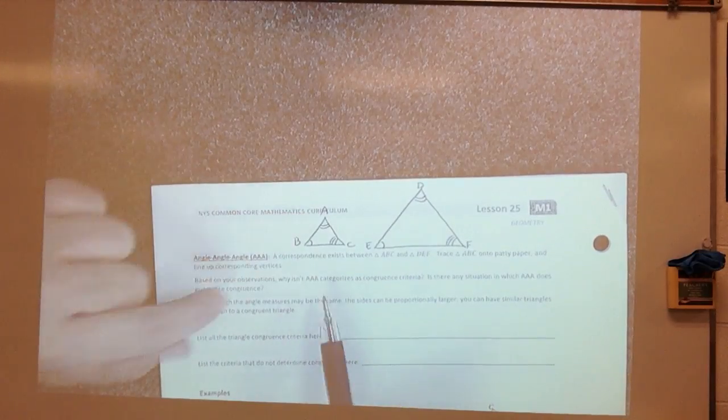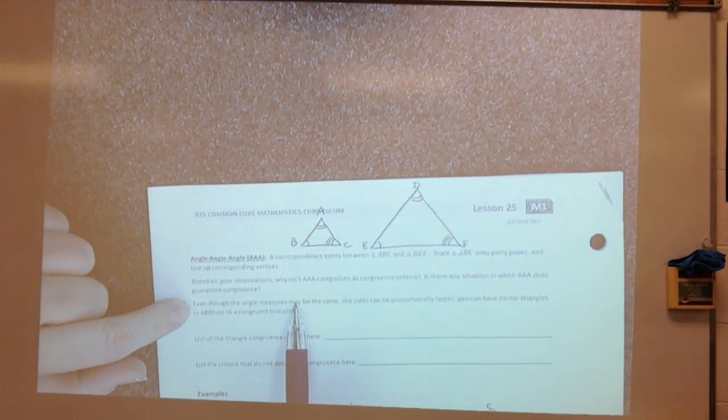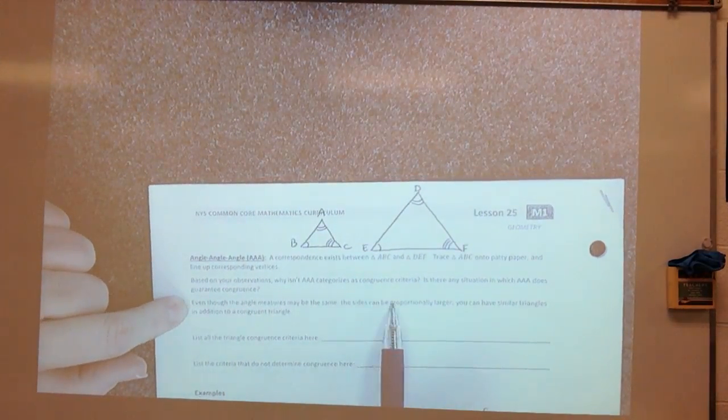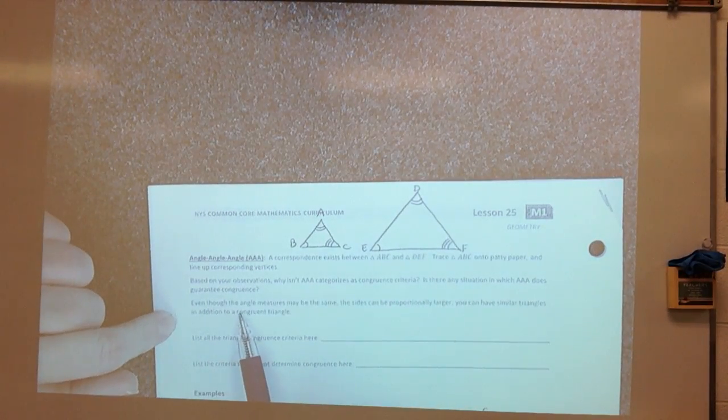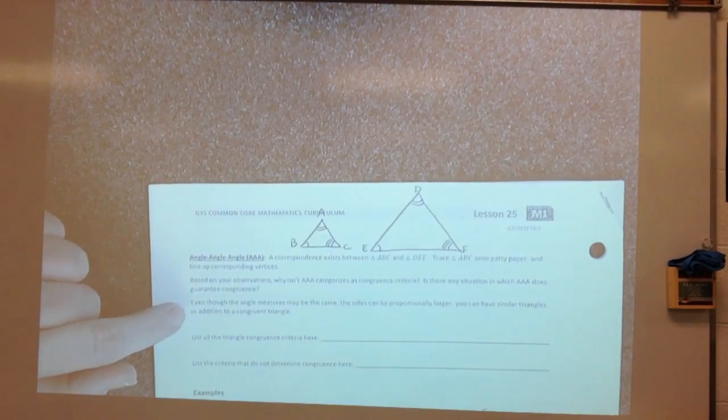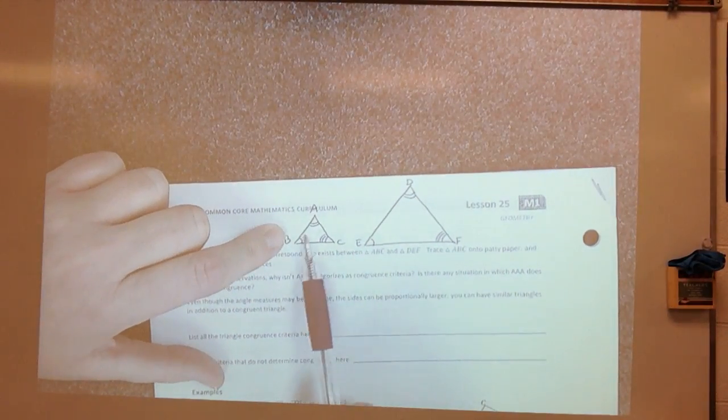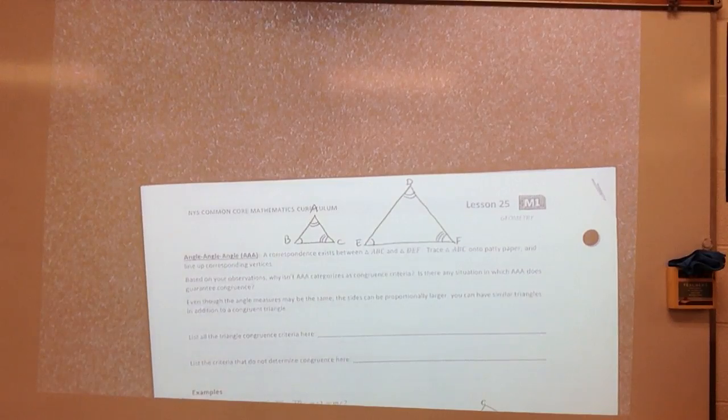Even though the angle measures may be the same, the sides can be proportionately larger. You can have similar triangles in addition to congruent triangles. So look, even though I have congruent angles, my sides are nowhere near the same measure. So therefore, these triangles are not congruent.